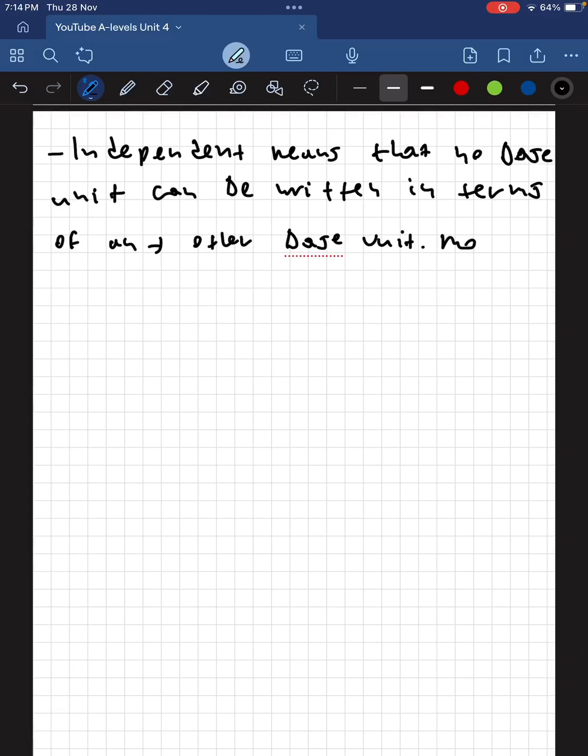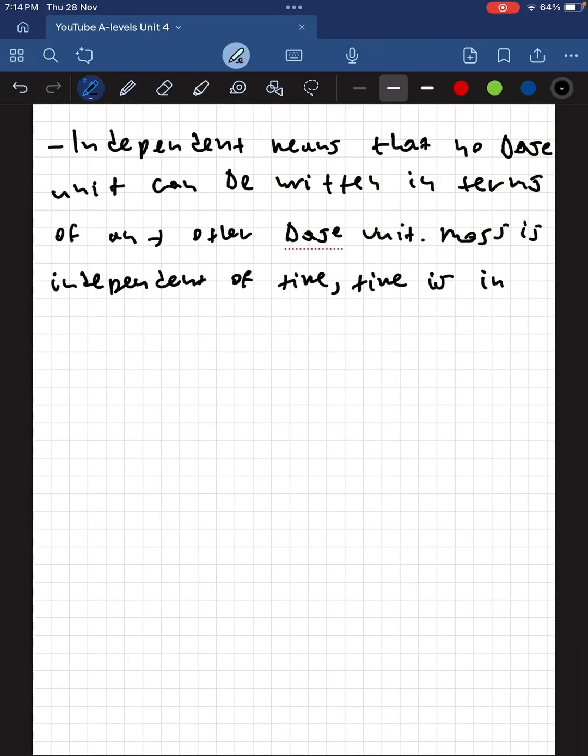So mass is independent of time. Time is independent of current.